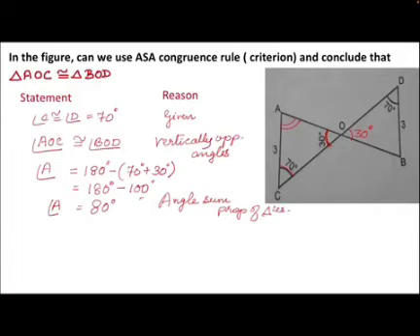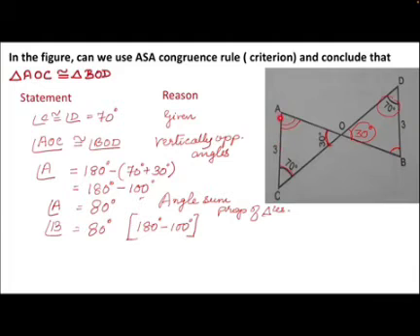Okay, but angle A and angle B correspond to each other. Again, angle B is also 80 degrees. Same way. How? 180 minus 100. Where is that 100? The sum of 70 degrees and 30 degrees. So this angle also becomes 80 degrees. Okay, now, children, please look carefully. Angle, one more angle. Where is the included side?